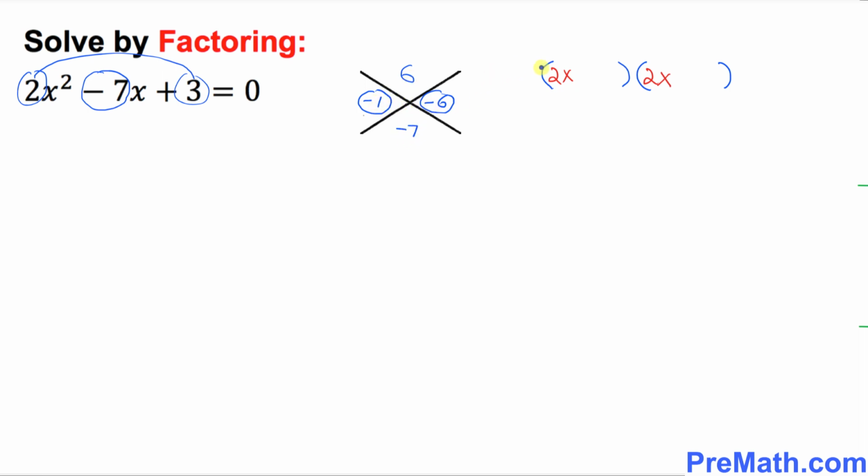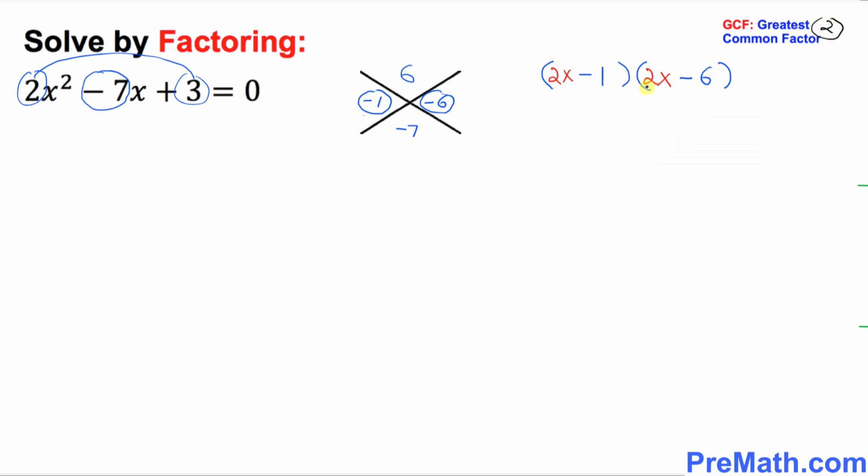I want you to put down these two factors over here. First -1 over here, and then -6 over here. Now you can see in the first parentheses there's nothing in common, leave it alone. And in the second parentheses you can see that 2 is in common. That means 2 is our GCF, the greatest common factor.